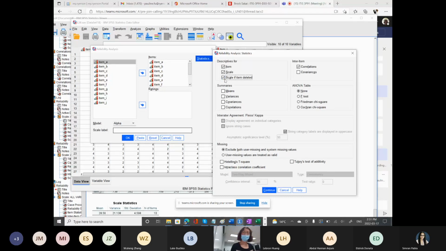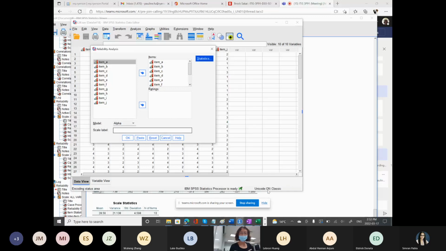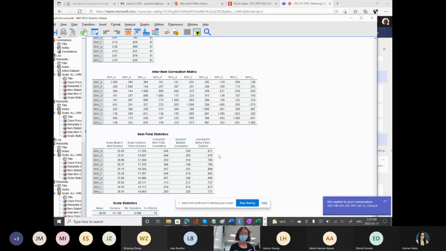So check out this one, sorry. Scale if item deleted. Check out this one so that you have that table. And click continue, click OK. So you have these item total statistics here.